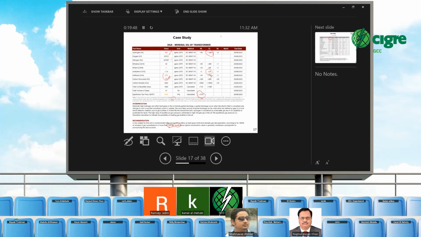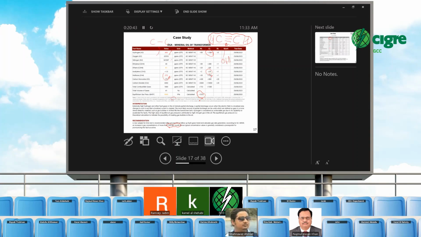Acetylene is C2H2, with a triple bond between the carbons. It needs extremely high temperature to form this triple bond, whereas a single C-C bond is easy to generate. Therefore they keep the limit very, very low, because more than 20 means you have extremely high temperature, arcing, or partial discharge at high volts, which can form this type of acetylene.